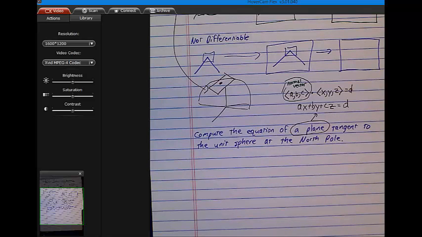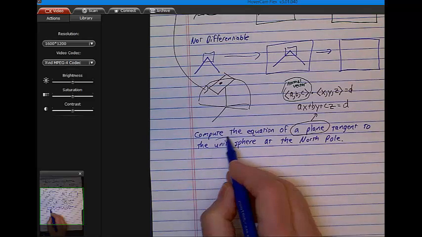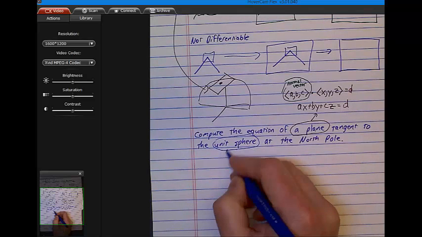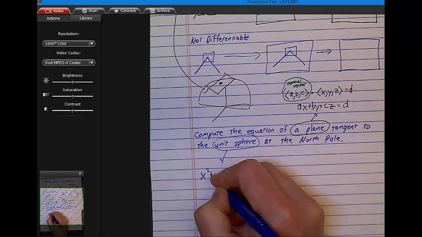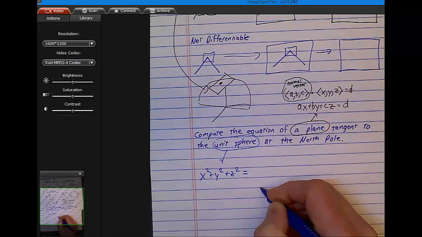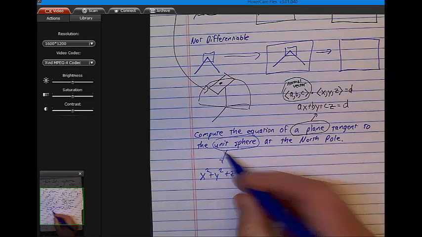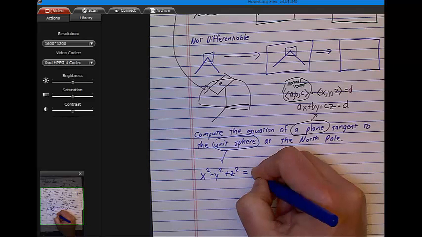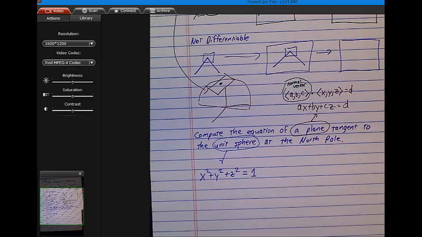What about the unit sphere, guys? That's right. x squared plus y squared plus z squared equals, since I said unit sphere, 1. Is that okay? And you might say, so all I need to do is figure out where the critical value is.